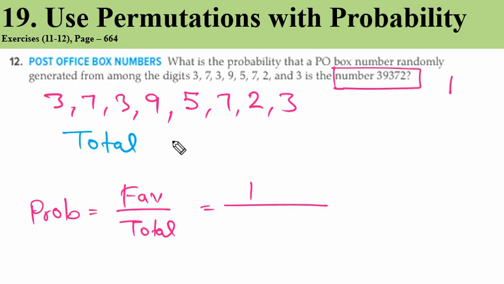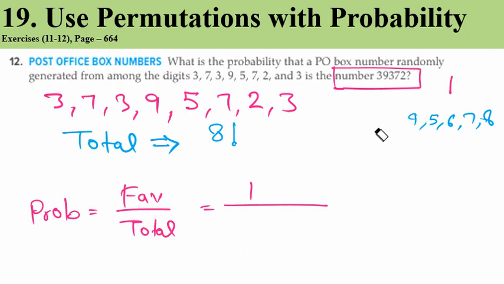How do we find the total in the case of permutation? First count the numbers: 1, 2, 3, 4, 5, 6, 7, 8. 8 numbers, so 8 factorial. If these were 8 different numbers, like 1 to 8, it would be just 8 factorial, since there is no repetition.